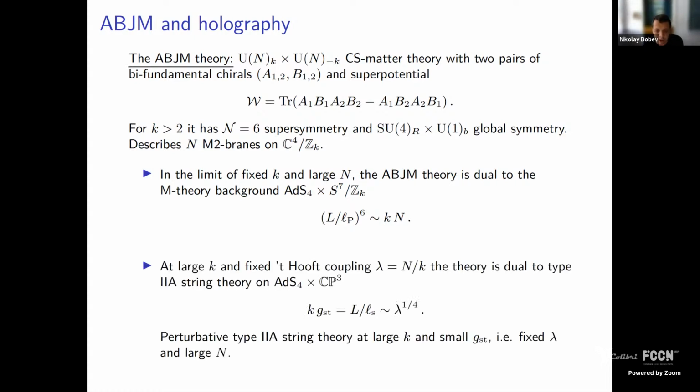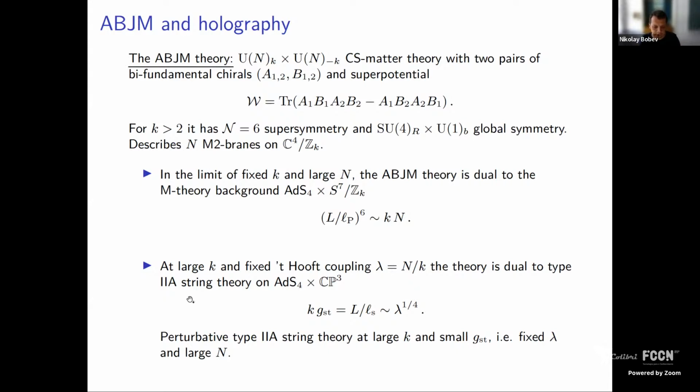There's another interesting limit. Strictly speaking, I don't have a continuous coupling in the ABJM theory because k is quantized, it's a Chern-Simons level. But I can also scale k with n, and when both of these integers are large, there's an effective, almost continuous coupling lambda that looks a lot like the 't Hooft coupling of a usual large n expansion in an ordinary gauge theory.